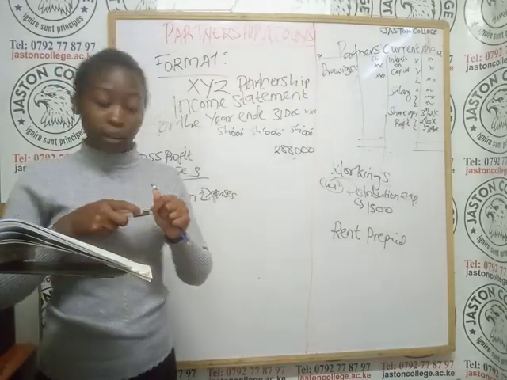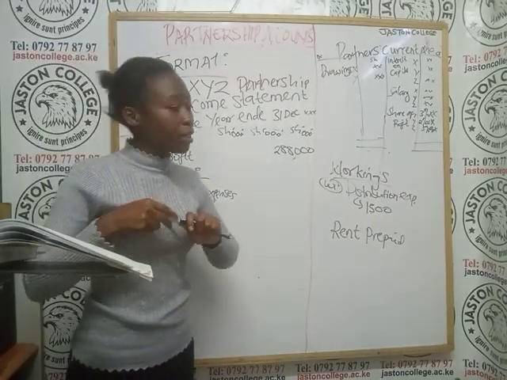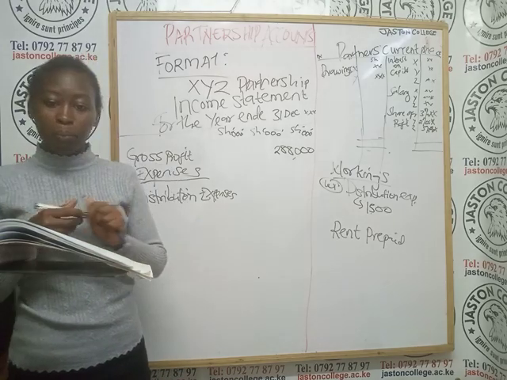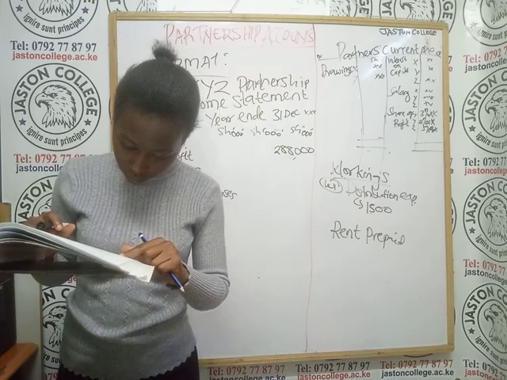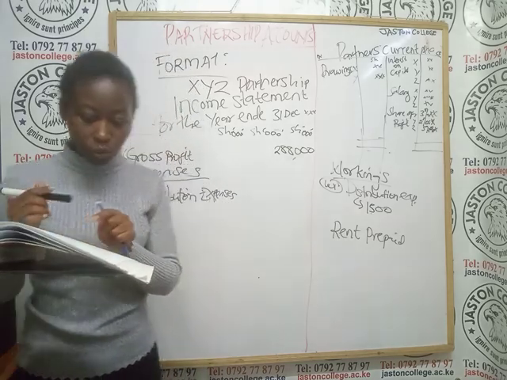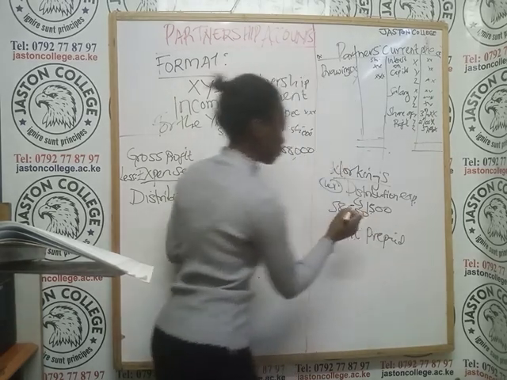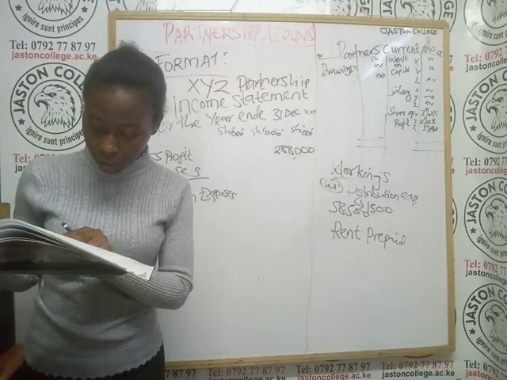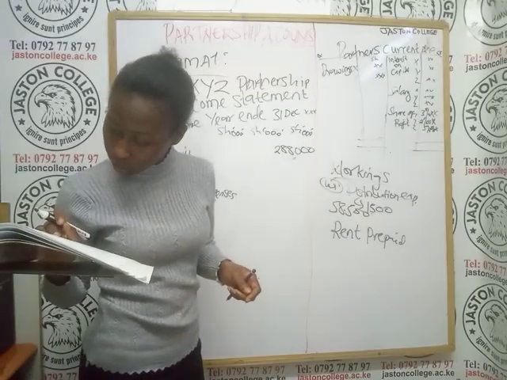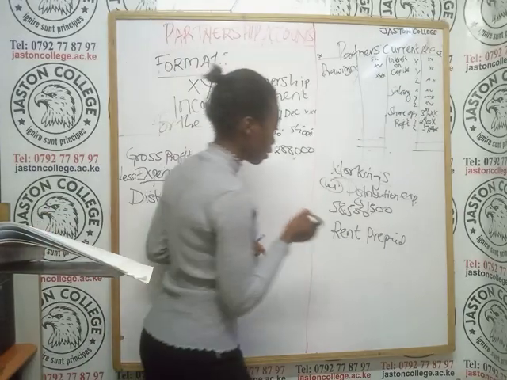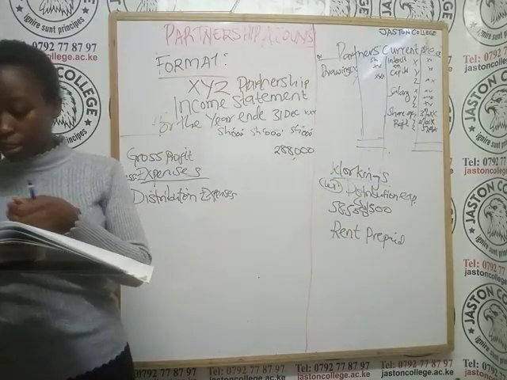Now, in our distribution expenses, it has already been added from what we had. So what we had was 58,500, and now we have 1,500.